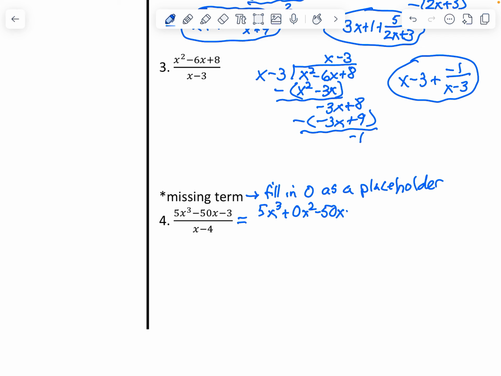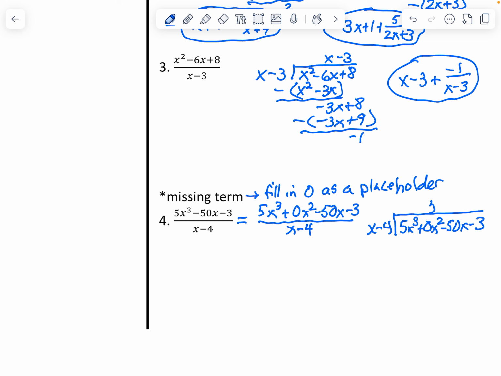Minus 50x minus 3 all over x minus 4. So let's set this one up. X minus 4 divided into 5x cubed plus 0x squared minus 50x minus 3. So x times what gives me 5x cubed?